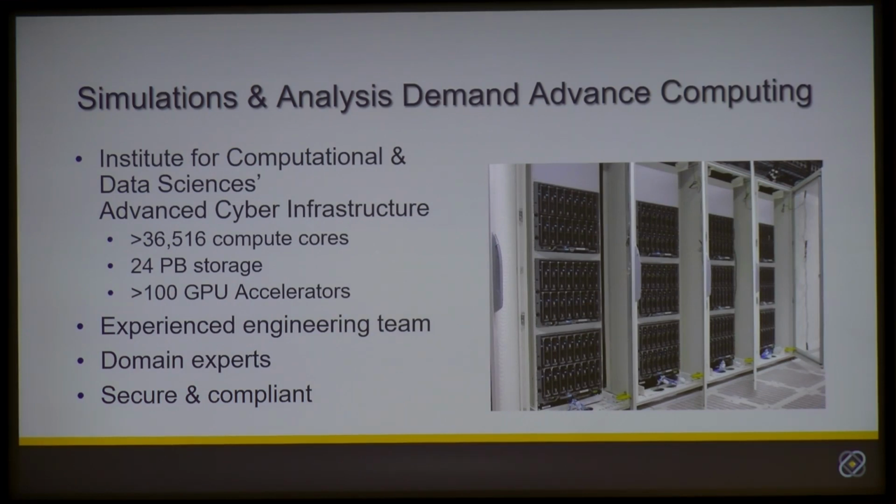They run Penn State's Advanced Cyber Infrastructure Project. So there's tens of thousands of CPU cores, petabytes of storage, providing the entire university with the facilities they need to be able to perform these types of inferences. And so we've made extensive use of that, not just the physical infrastructure, but also the engineers who keep the thing running, the domain experts who can assist us with making codes run efficiently.